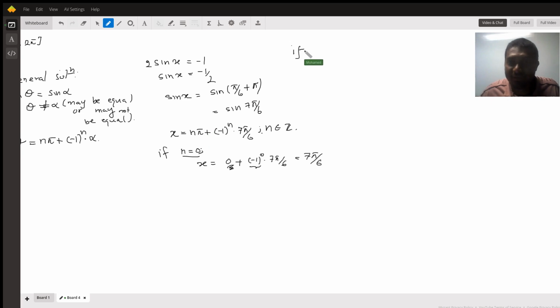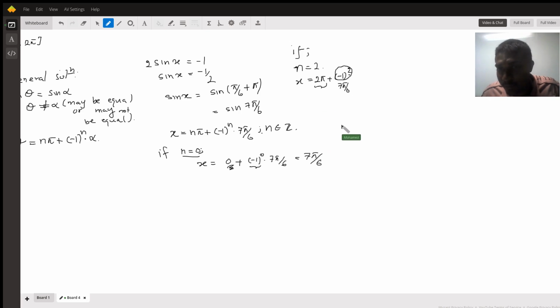Look at this: if n equals 2, then x will be equal to 2 pi plus -1 to the power of 2 times 7 pi over 6. This -1 squared is a positive number, and when added with 2 pi, that exceeds the given range. It goes all the way to 2 pi plus something, which is not a solution for x.